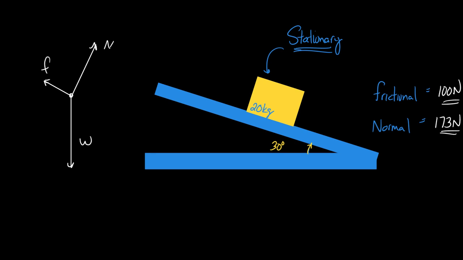Is that what you guys did? I hope. Did you then apply a coordinate system starting with the normal force so you could identify where the angle goes first? Good, I hope so. And then draw in our other coordinate.